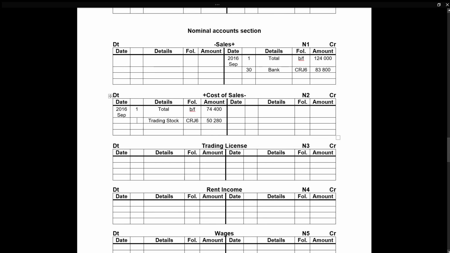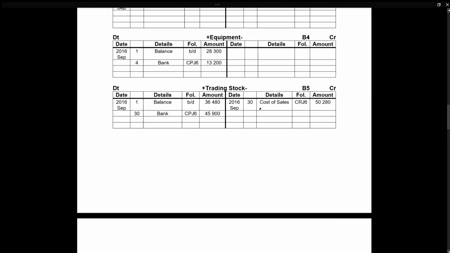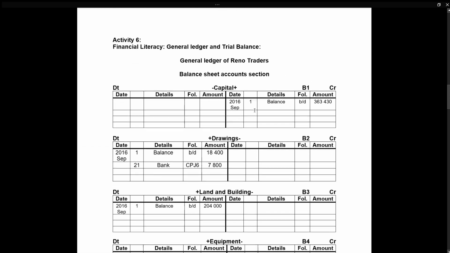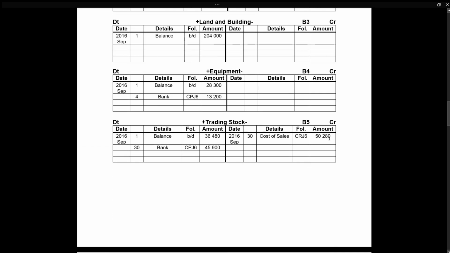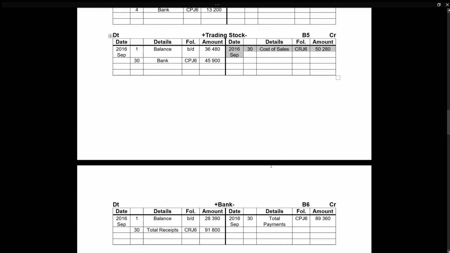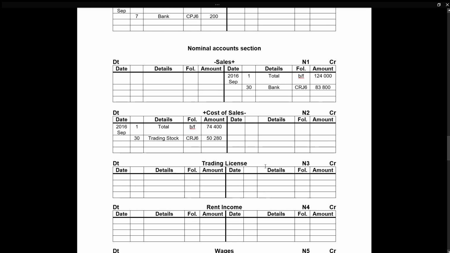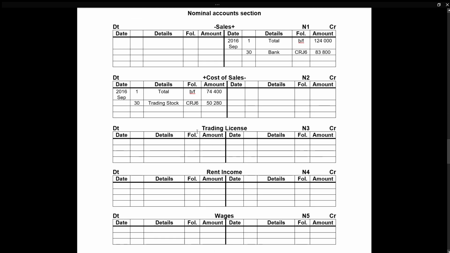Right, total of a column, so therefore the 30th. So in other words, cost of sales is being debited. If you want to find your credit, you need to go and have a look in trading stock. Let's go to trading stock. I missed it now, trading stock, and there's your credit. Hope that makes sense.